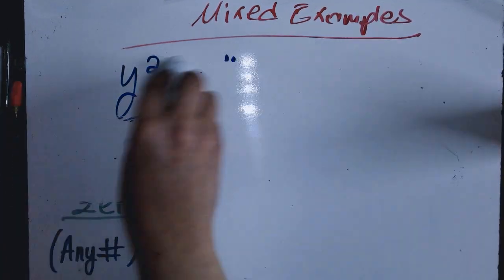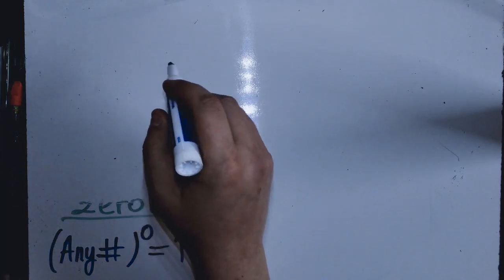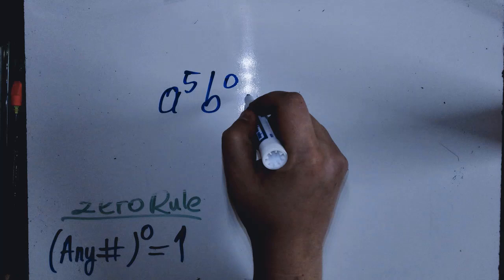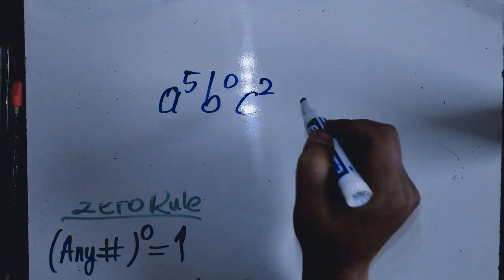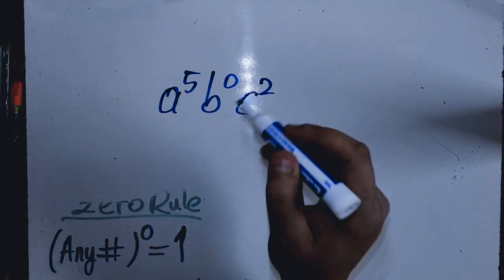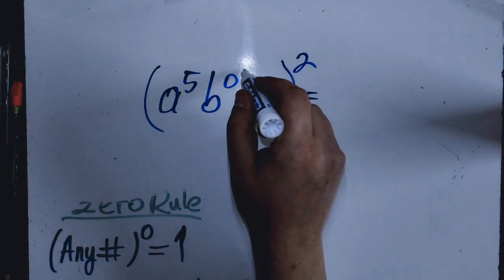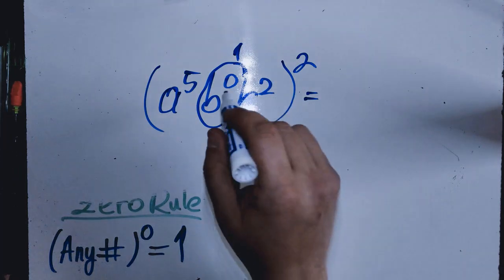The biggest mistake I see on this one is something like this. Let's say I have a to the 5th, b to the 0, c to the 2nd, and then let's say I have all of that to the 2nd power. This term is already 1. Only that term is 1.